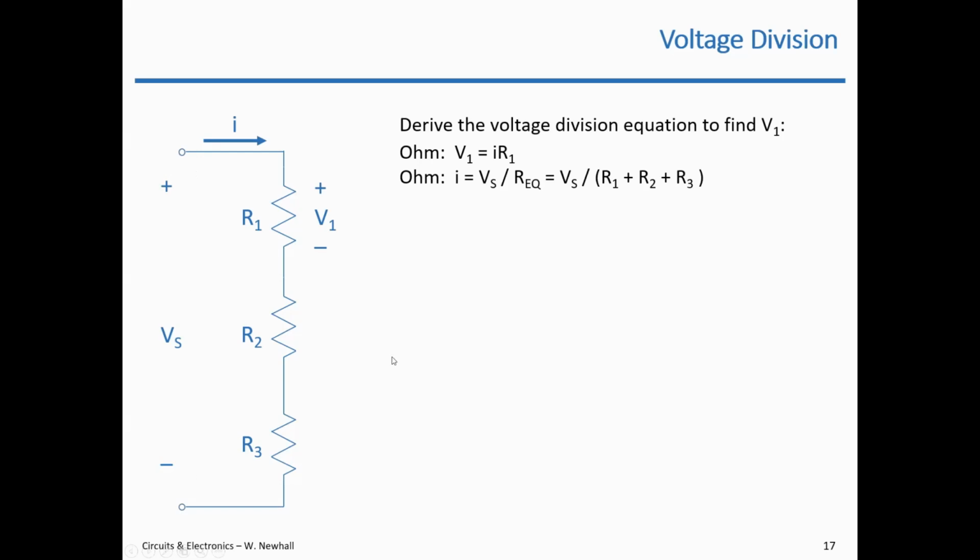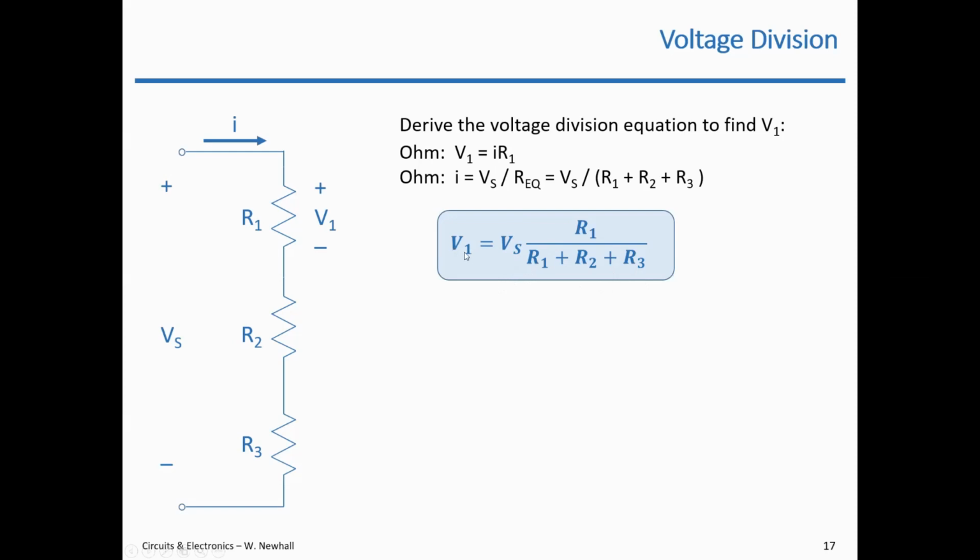So here's where that comes from. Vs, this voltage, divided by the whole equivalent resistance, R1 plus R2 plus R3, equals I. So we can get two expressions for I. If you plug this I into the equation above, you get V1 equals Vs times this ratio. Let's take a look at this ratio. This shows up over and over again for series resistors.